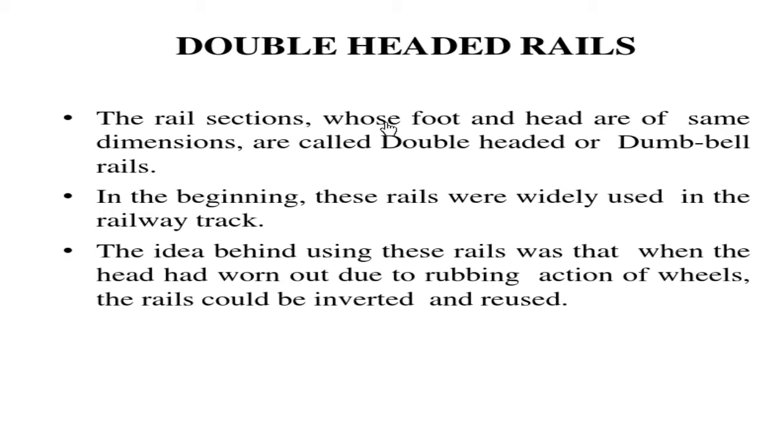The rail sections whose foot and head are of the same dimension are called the double-headed or dumbbell rail. In the beginning, when rails were being widely used, this type of rail was used. The idea behind using this rail was that when the head was worn due to rubbing, the rail could be inverted and reused.